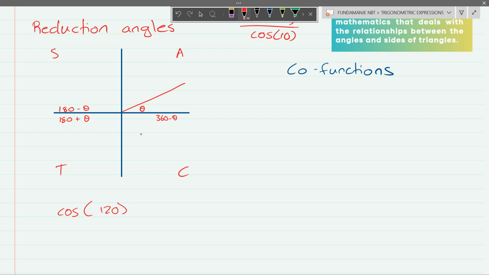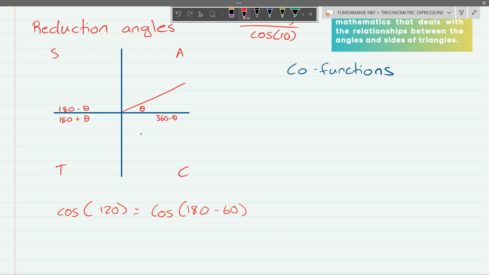Cos of 120 is not a special angle, but we can rewrite it as cos of 180 minus 60. Then according to these reduction angles, with 180 plus or 180 minus, we're able to reduce the size of the angle to just the angle itself.